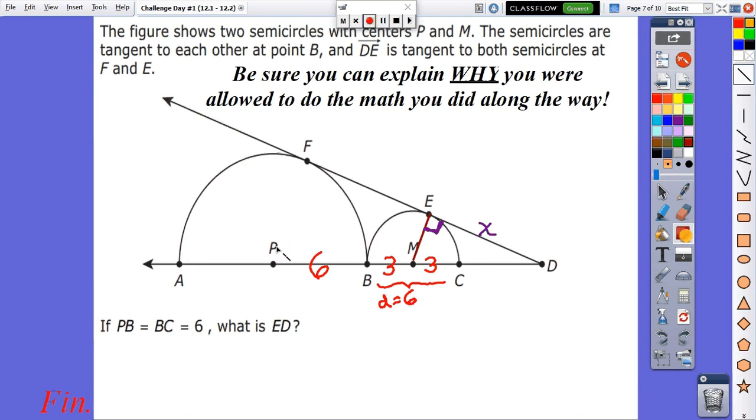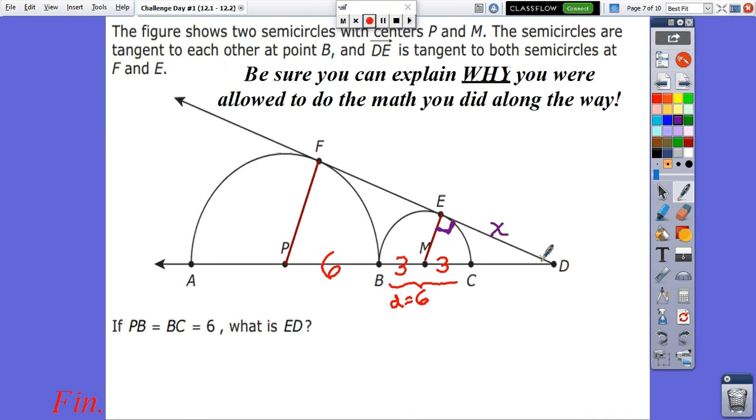And also if we draw in the other radius from P to F, that it was tangent to DF, so we get to put a 90-degree angle up here. Now, notice PB, that's the radius of the larger semicircle. And this piece I just drew in here is a radius, so it has a length of 6. Likewise, that first radius we drew in is going to have a length of 3.